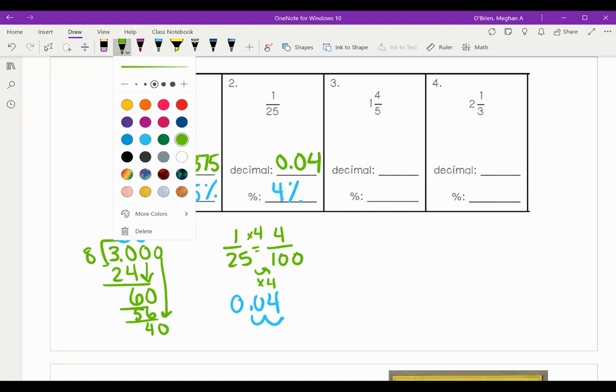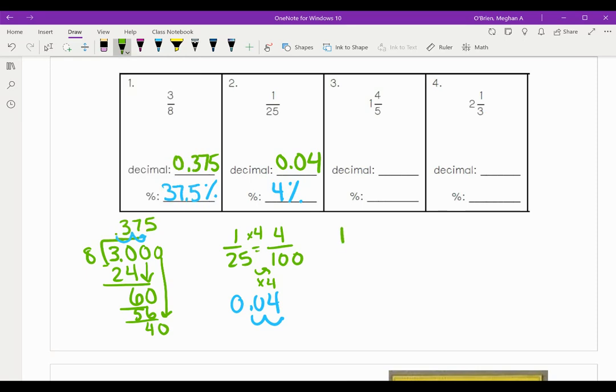Okay, mixed number. 1 4/5. So 1 4/5. Again, I'm going to use base 10. I think it's faster. It is equivalent to, 5 times 2 is 10, so double. That would look like 1 and 8 tenths in the tenths place.